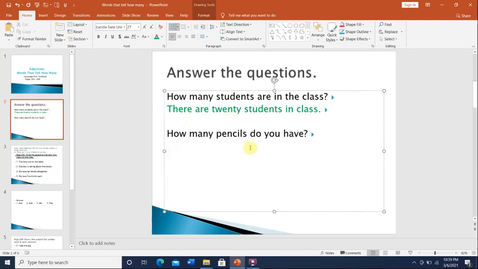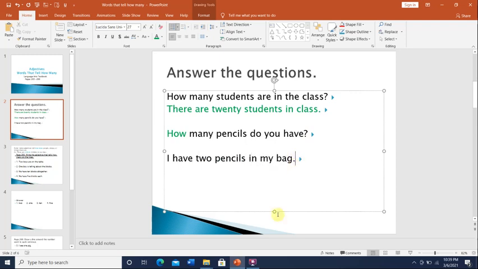How many pencils do you have? And I answer, I have 2 pencils in my bag.